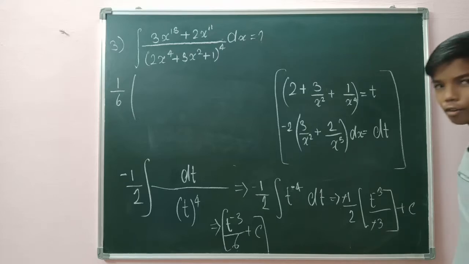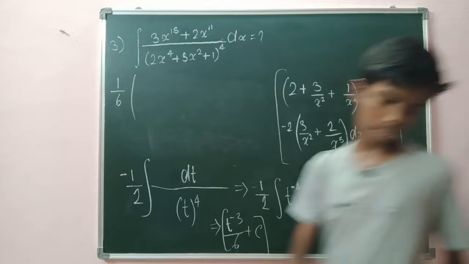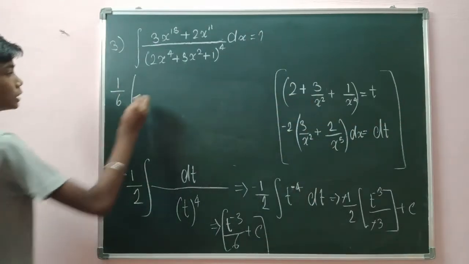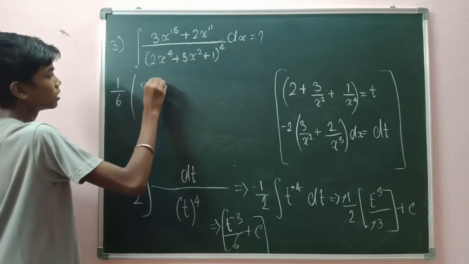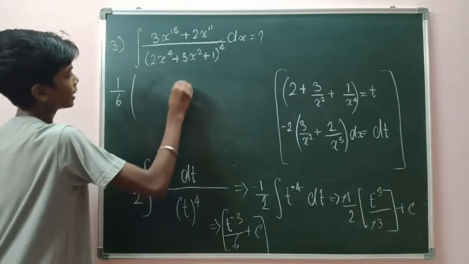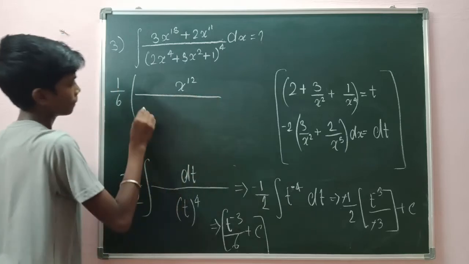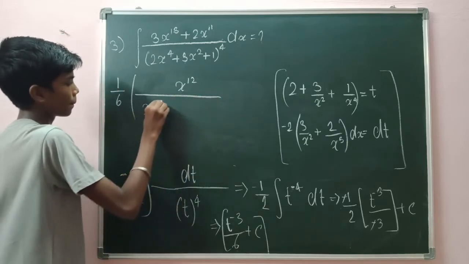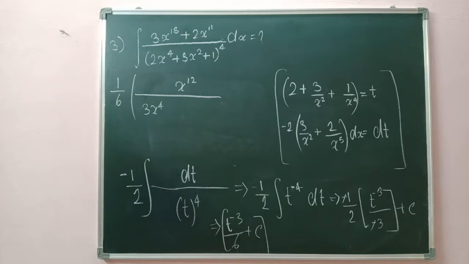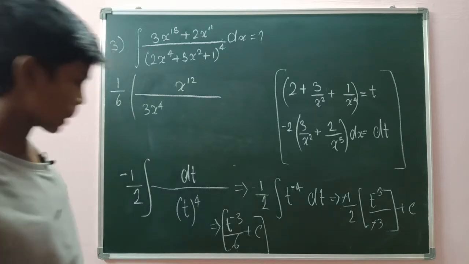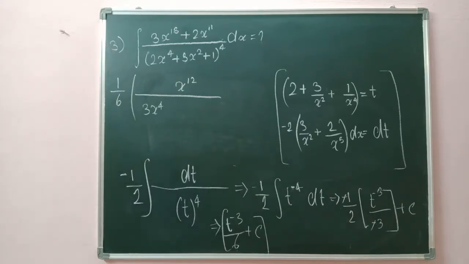I think your x power minus 3 will be nothing but x power 12 by 2x power 4, yes. Yeah, I got it. So x power 12 by 3x power 4. I think that will be the answer.